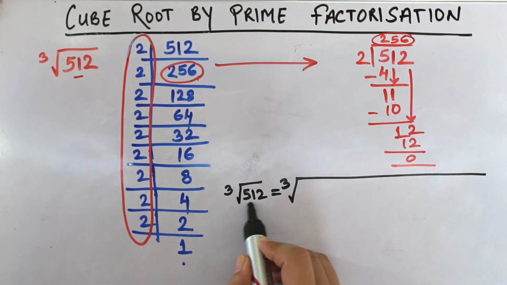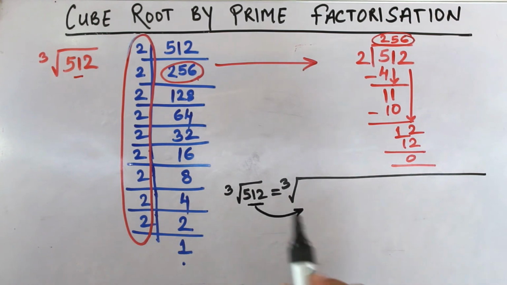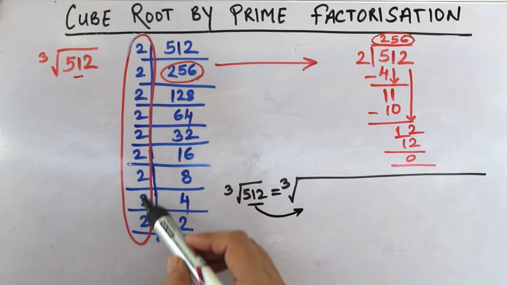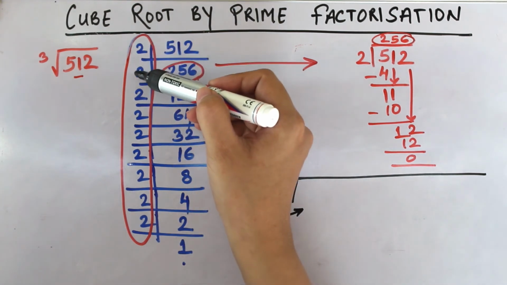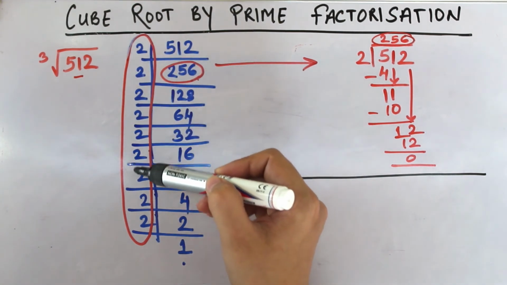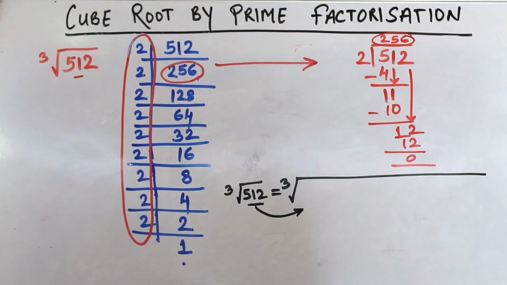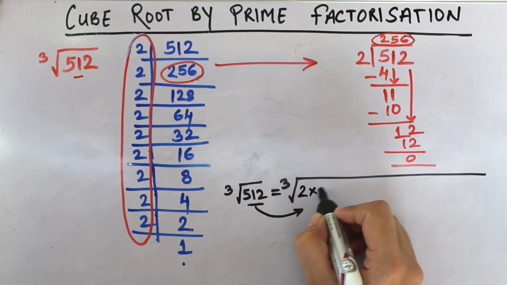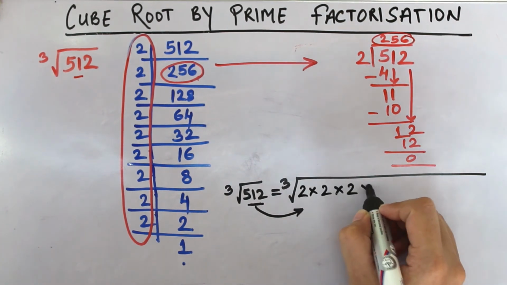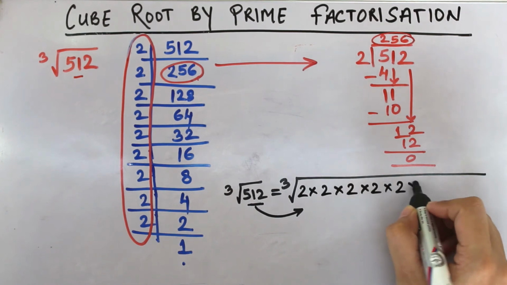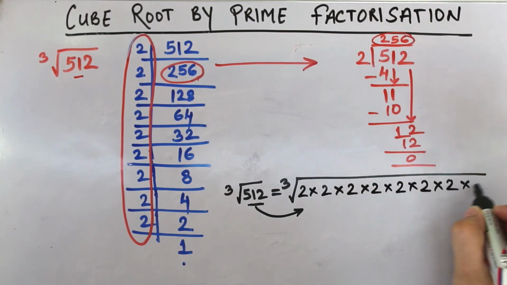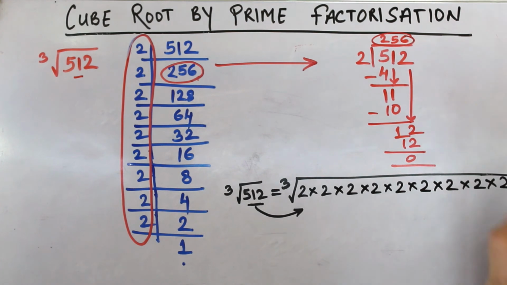And why am I doing this? Because 512 is equal to the product of all these factors. So I have 1, 2, 3, 4, 5, 6, 7, 8, 9 twos.